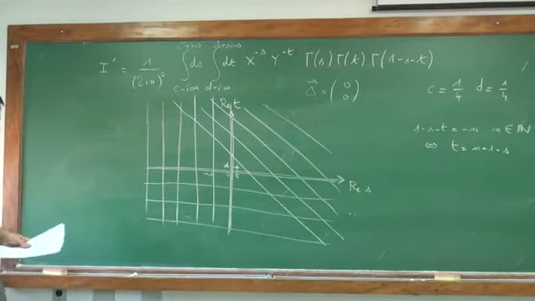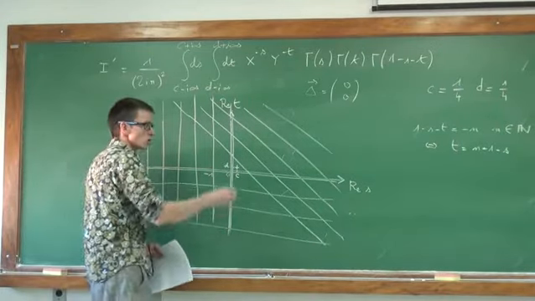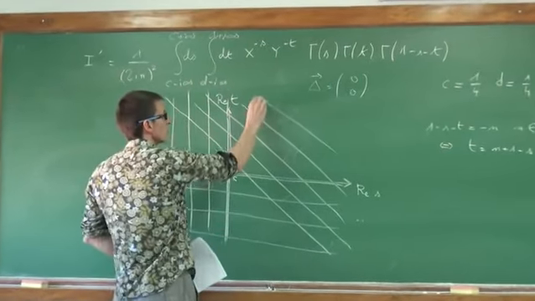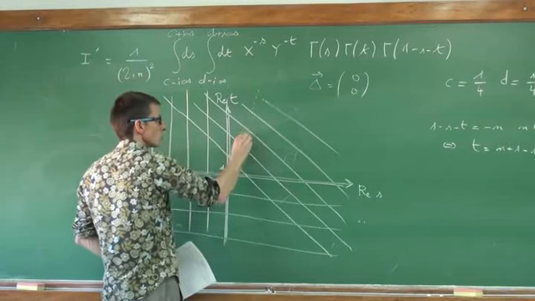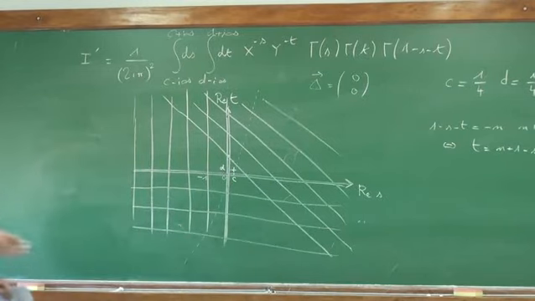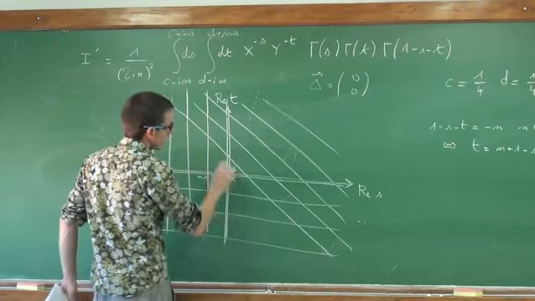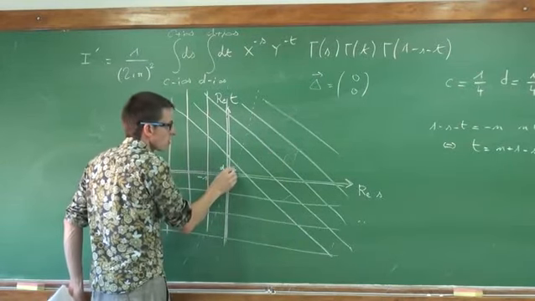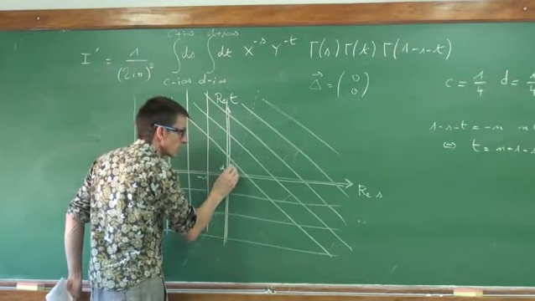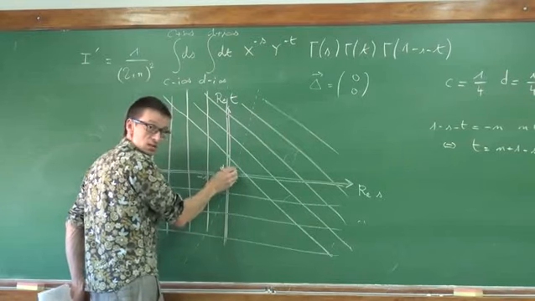But in fact, there is a nice way to find them. To find them, you just draw an arbitrary line that goes through C and D. You draw this line, and you know that both sides are separated by C and D here.